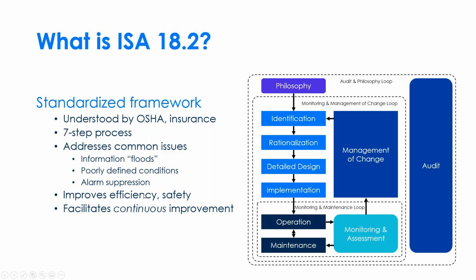Alarm management is a standardized framework that allows you to assess how well your alarm system is actually performing. You can root out commonplace problems. It can advise you where to change it so you can improve the system continuously so that, again, it gets back to its goal of achieving efficiency and safety. And Win911 or alarm notifications are part of the implementation of alarms, because mobile notifications are one way you can deliver an alarm to someone.